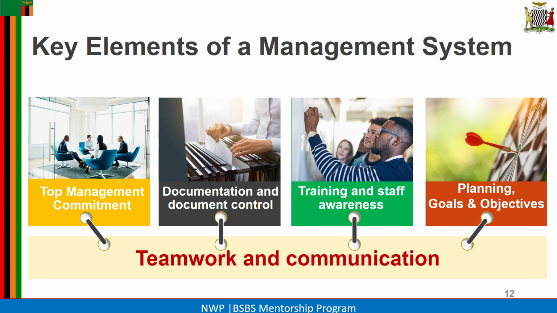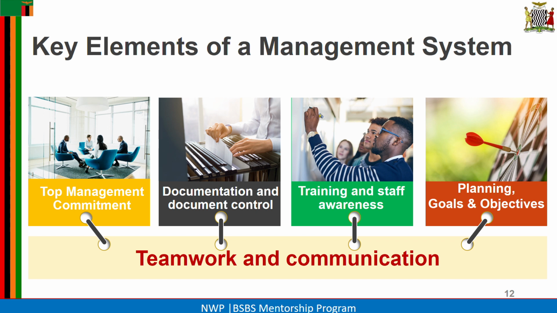But for you to have something that is communicating with each other and is strong, you need what we call teamwork and communication. Teamwork and communication will link all the 4 key elements: top management commitment, document control, training and staff awareness, and planning and objectives.